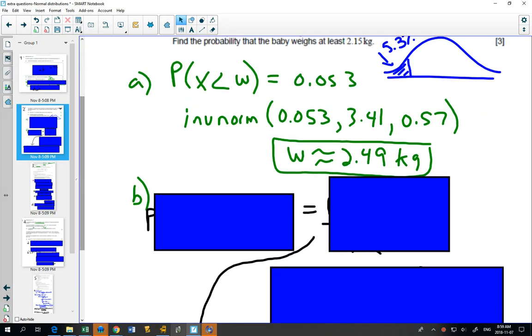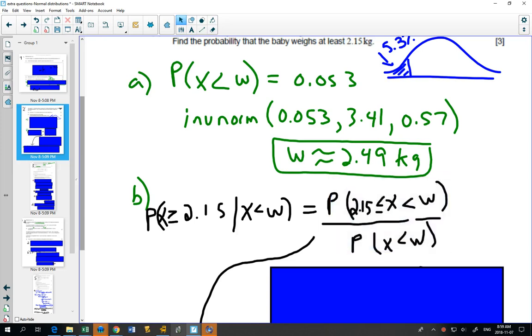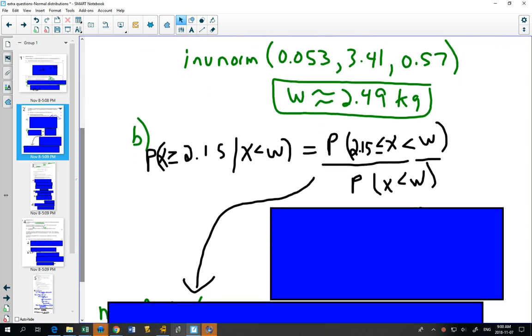So if we set up our formula, here's our formula. We want to find the probability that it's greater than or equal to 2.15, given that the baby was lower than normal. The given is always what you write here, and it's always the probability on the bottom.